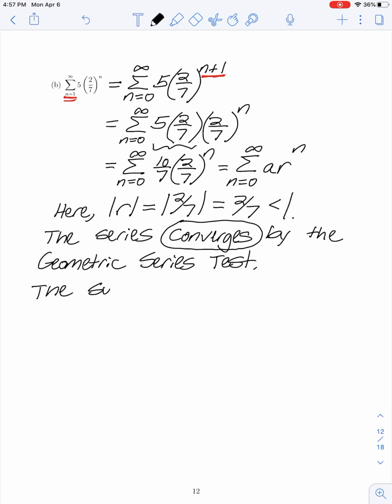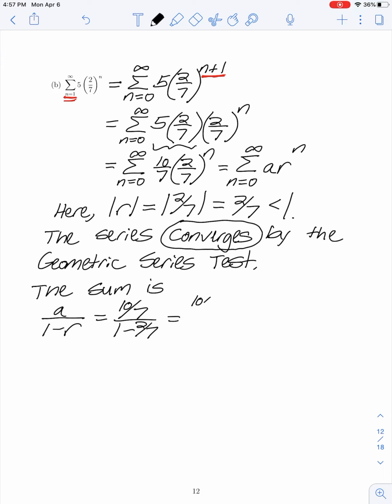And the sum is given by the ratio a over 1 minus r. So in this example, a was 10/7, and then we're dividing by 1 minus r, which is 2/7.